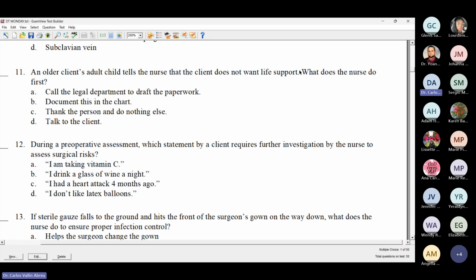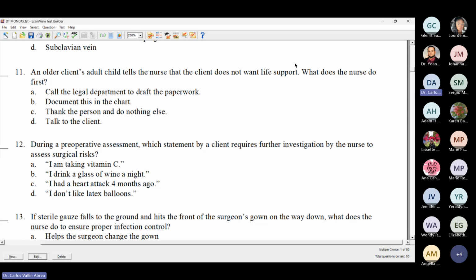You want to assess if the client is aware of the consequences of not opting for life support in case of needing it. And then is when you can escalate that to the physician, because the physician is the one who can order the DNR, or do not resuscitate order, and orders for hospice. So this is the protocol.